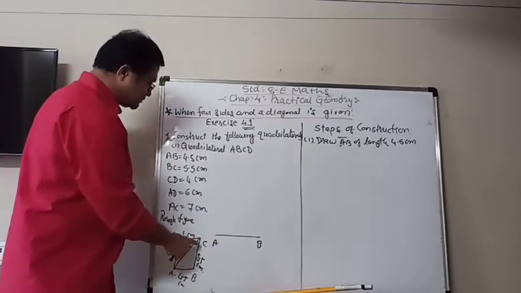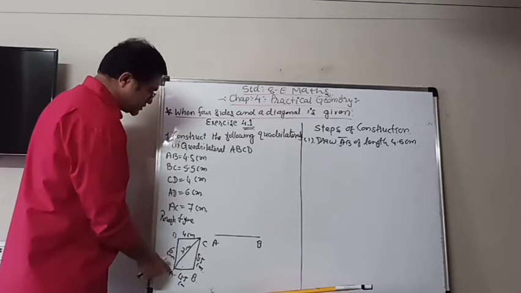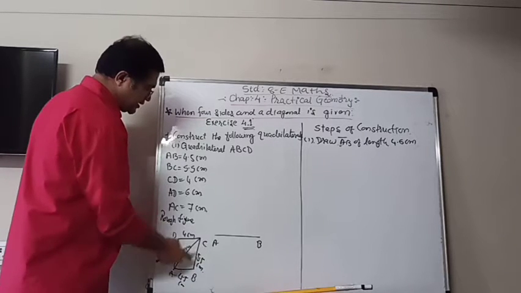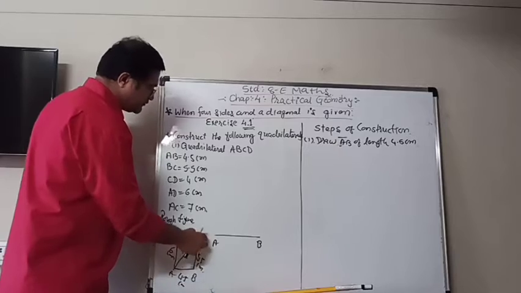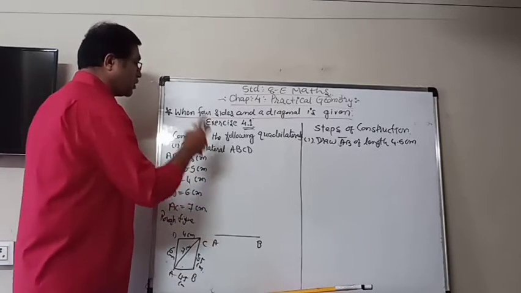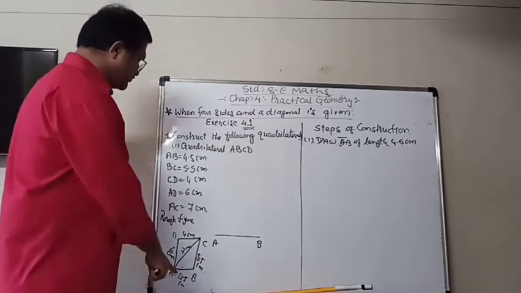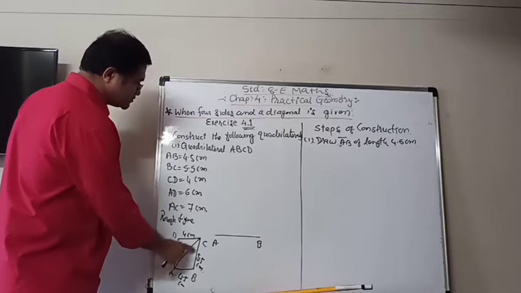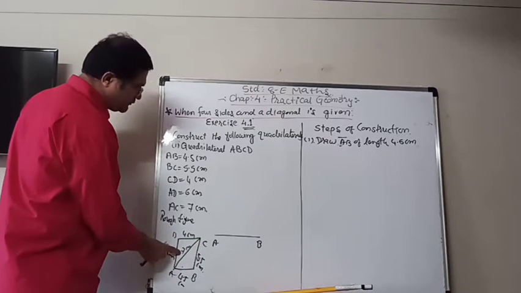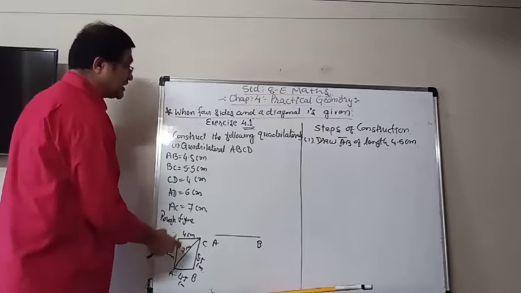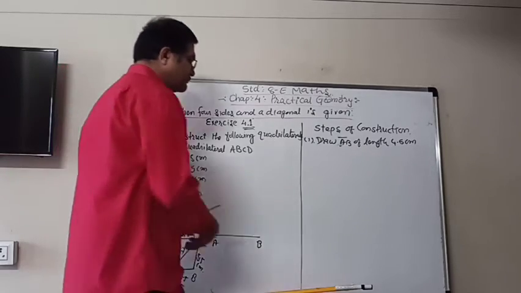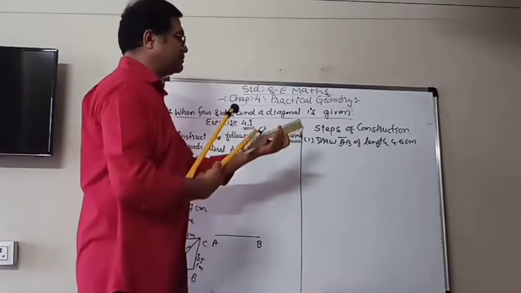Now you can see that if you want the point C, then two measurements are there: from here 7, from here 5.5. So we have to draw two arcs. First we will draw from A. What is the length? 7. So I will take 7 times 4, 28 centimeter.